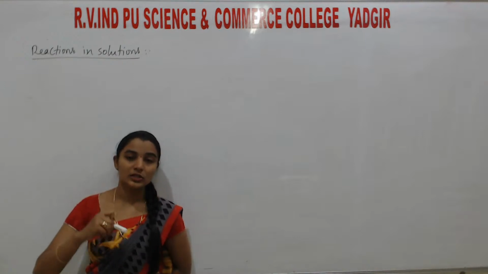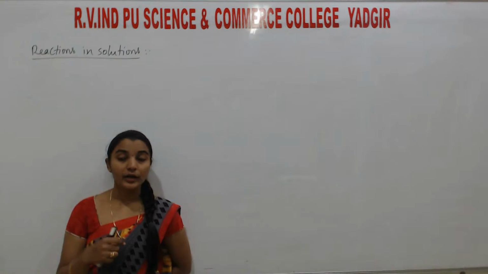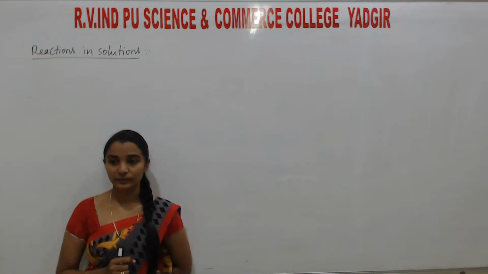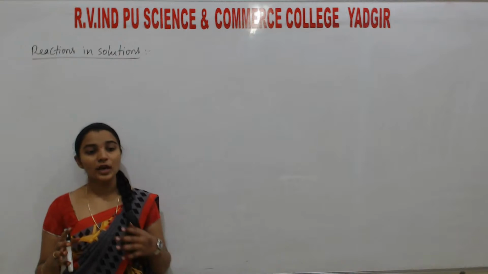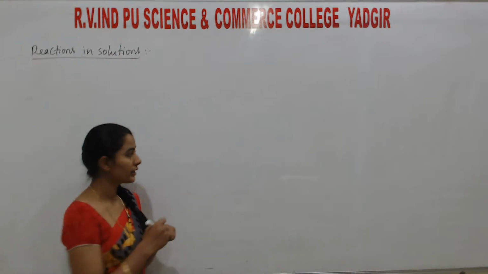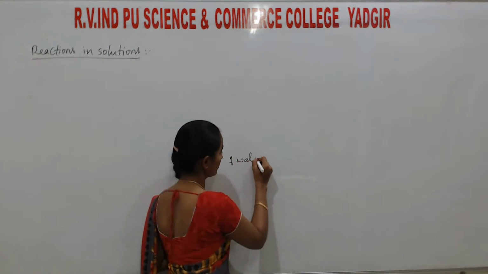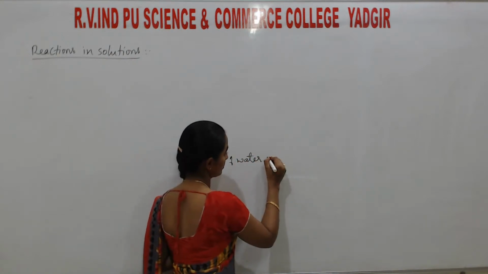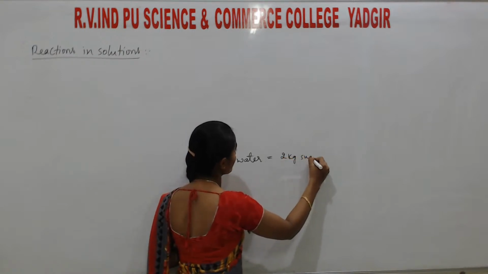Concentration and dilution depend on the amount of solute dissolved in the solvent. For example, in 1 liter of water, assume 2 kg of sugar is dissolved.